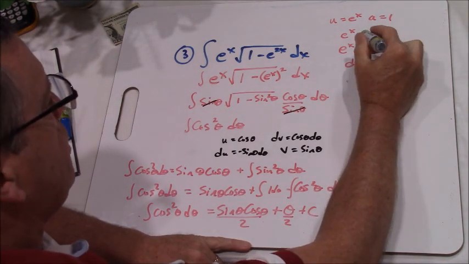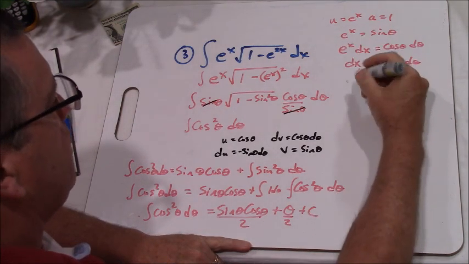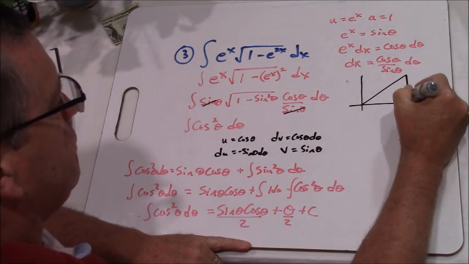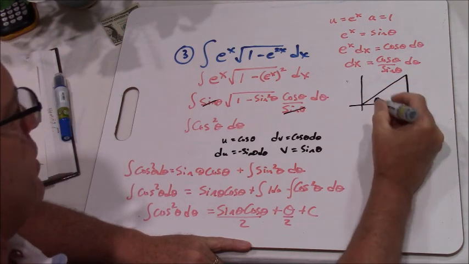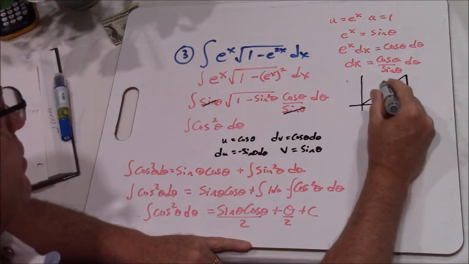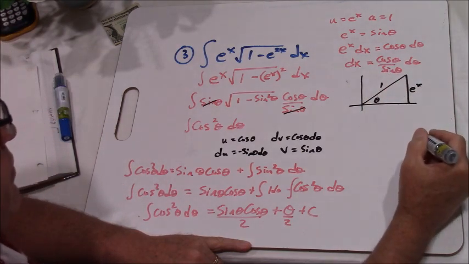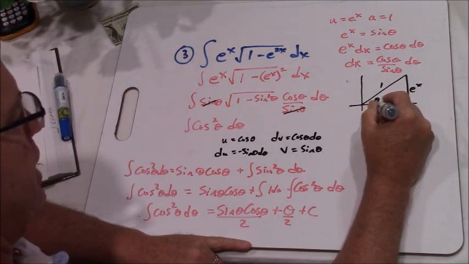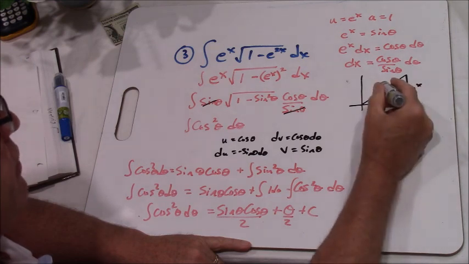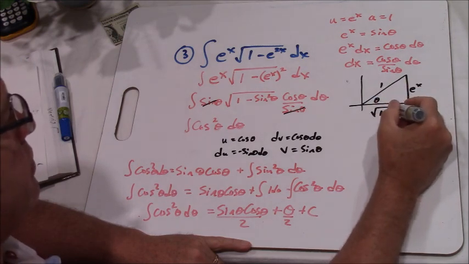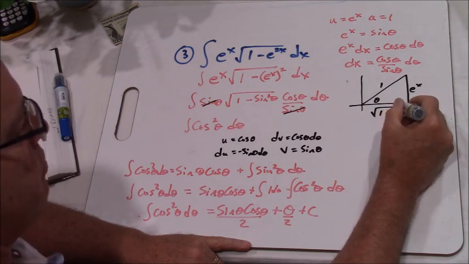Sine theta is equal to e to the x over 1. So I'm going to make my triangle here. Here's theta. I know sine is opposite over hypotenuse, so e to the x over 1. So this has to be the square root of the hypotenuse squared minus this squared. e to the x times e to the x is e to the 2x.